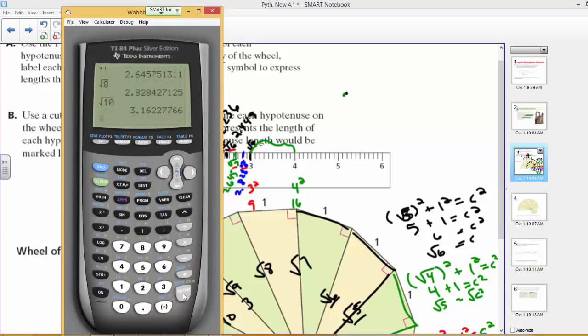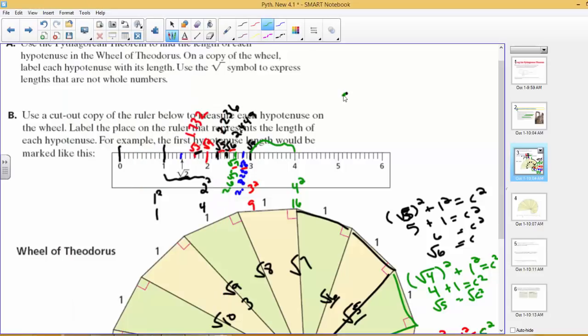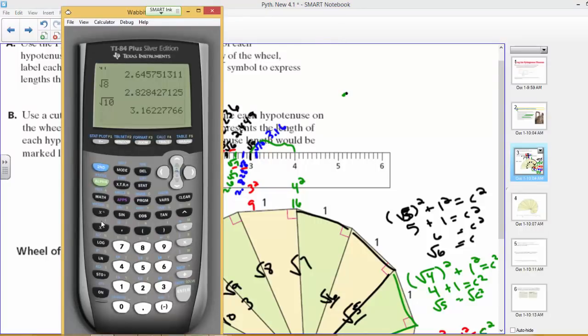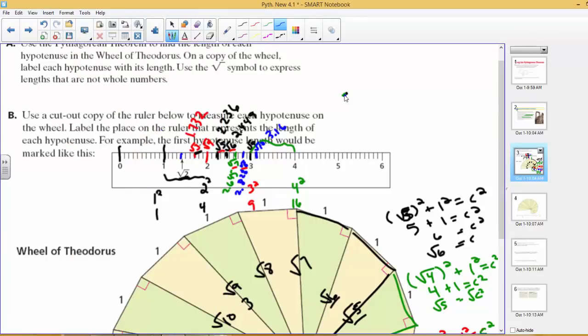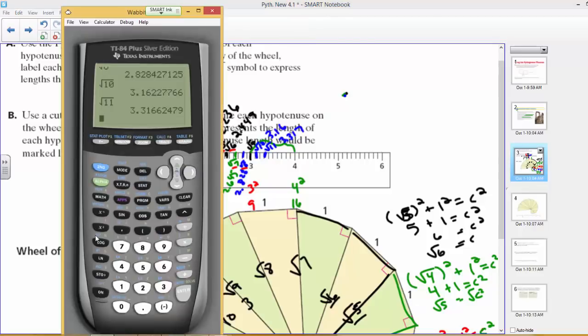So 10 is 3.16. Eleven is 3.317. Twelve is 3.464.